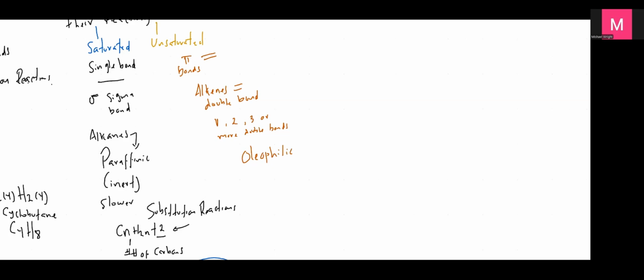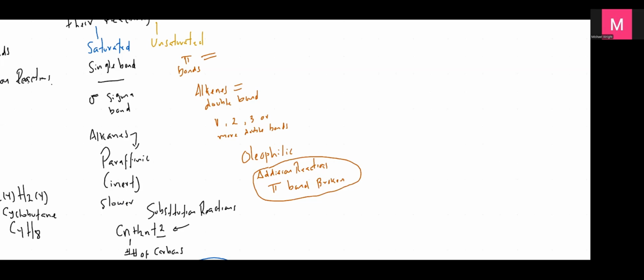Okay, so they will undergo some reactions that are known as addition reactions, where the pi bonds will be broken. Okay, but that's something that I'm going to explain to you then.